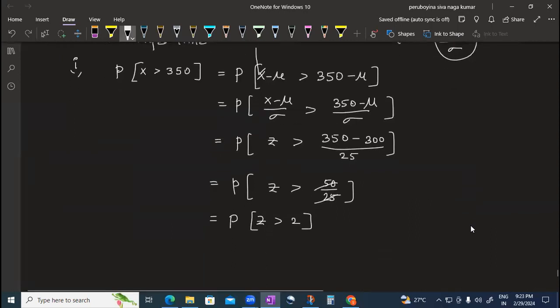Now on the right side of this calculation, simply draw a graph like this, x-axis and y-axis, and a normal curve. So 2 is a positive quantity, so it is on the right side of 0.